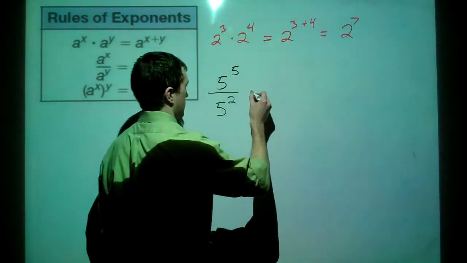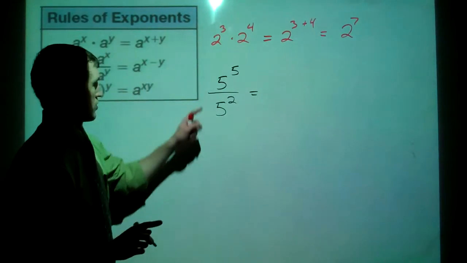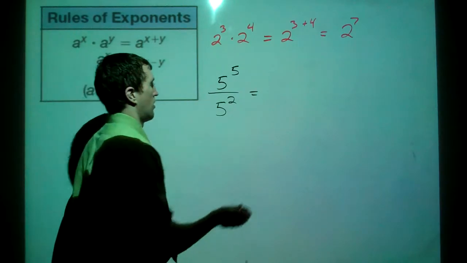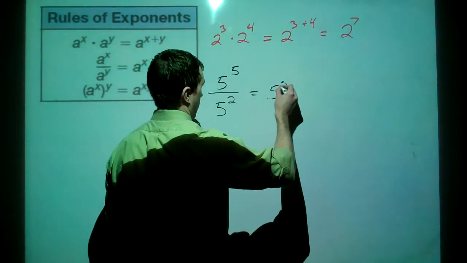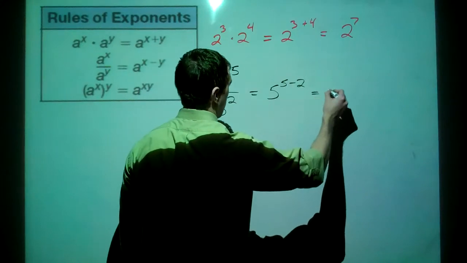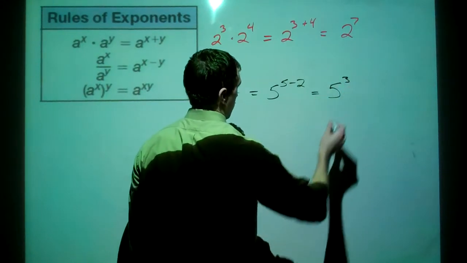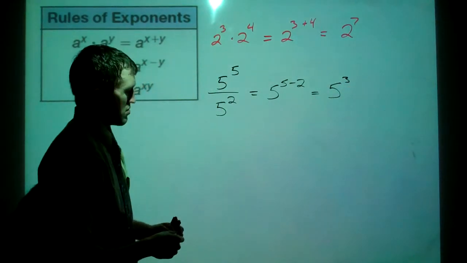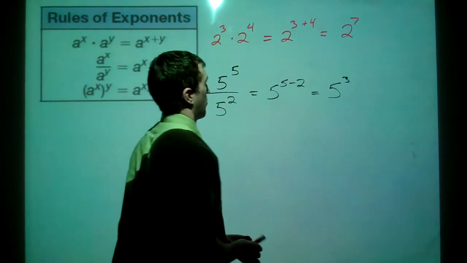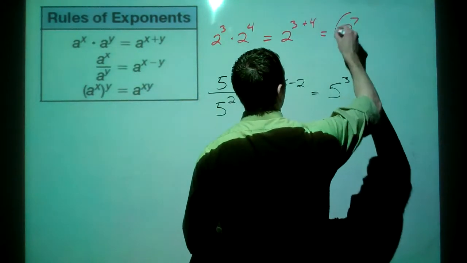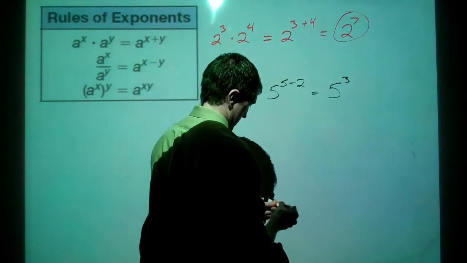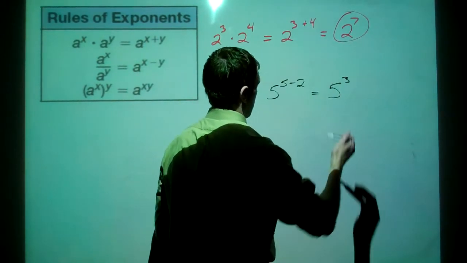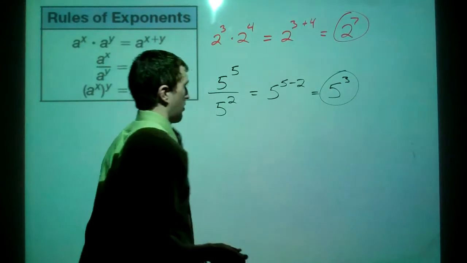So this equals, and we can do this again because we have the same base, 5 and 5, 5 to the 5 minus 2, which equals 5 to the third.